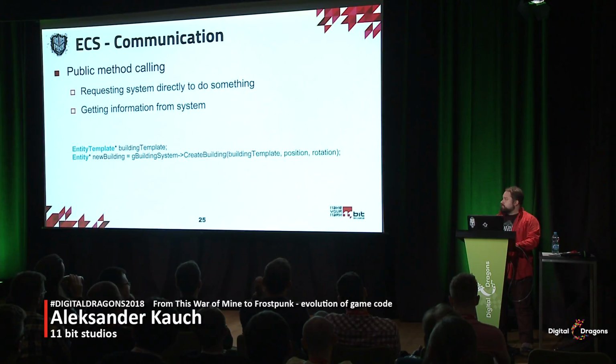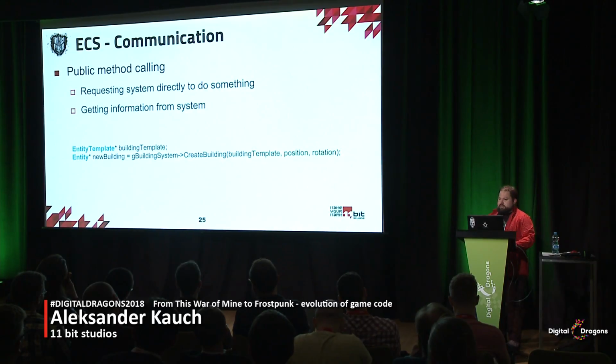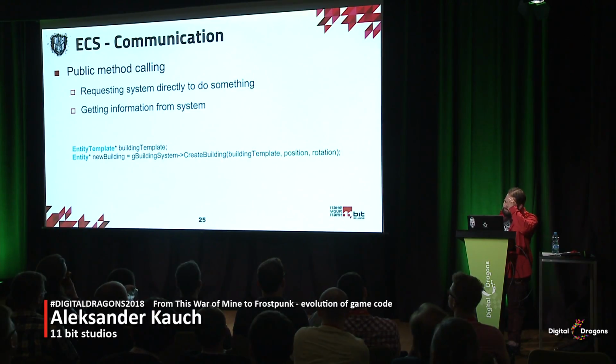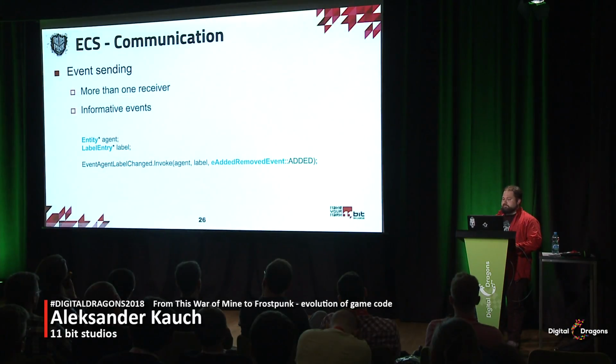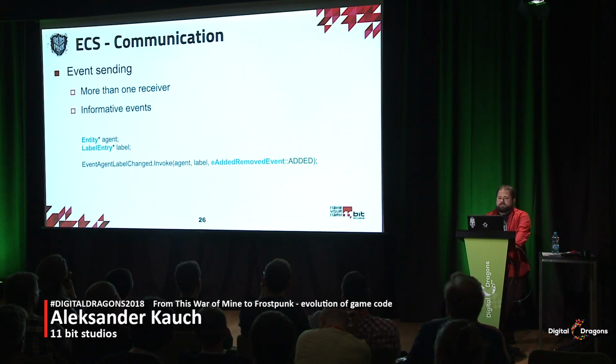We did it by directly calling a method on the movement system, or requesting the system to do something particular. So in this example, the building system creates a building, and we have a pointer to that building, and we can use it anywhere in code where we want to. So that's the direct method.